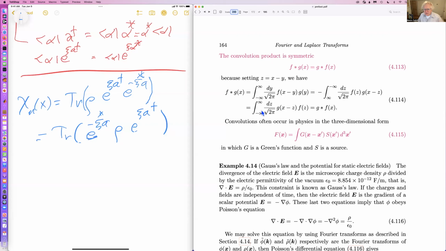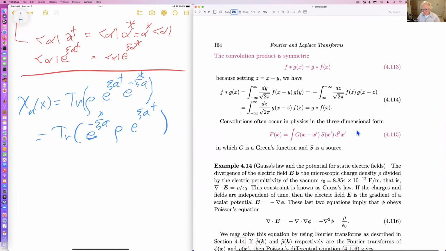And that flips over to minus infinity to plus infinity dz, g of x minus z, f of z. And that's the convolution of g with f. So it's symmetric, which makes it more useful.